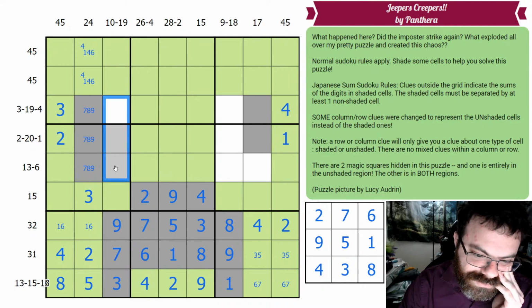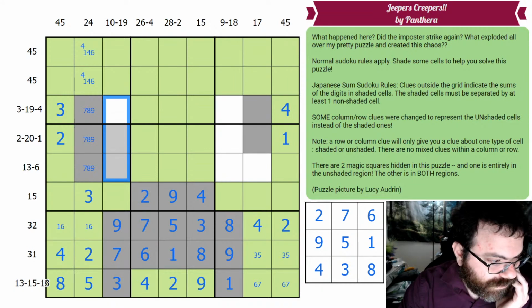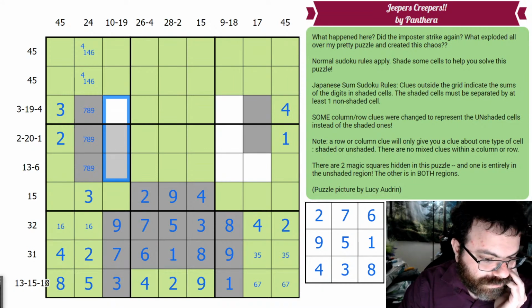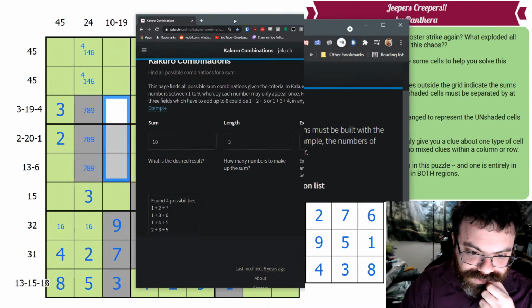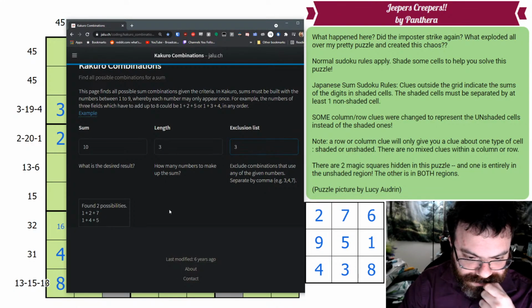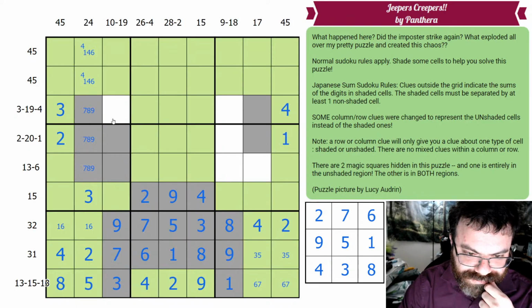Oh, I didn't even think about if it was 3 long, what it would have to be. We can't have a 3. Can we be 1, 2, 7 though? This would be the 7.